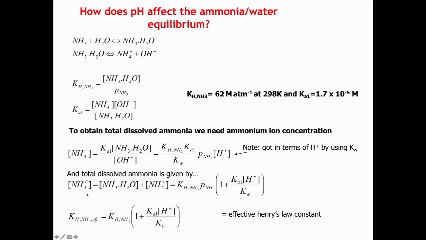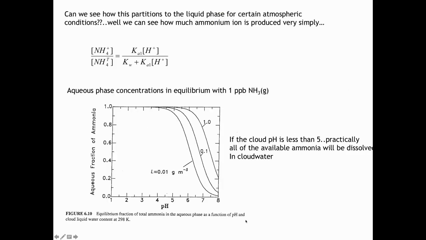So you can see that the total amount of dissolved ammonia is just this plus this, which equals this expression in terms of the two equilibrium constants, but importantly noting that the H+ concentration is on the top here instead of on the bottom. So the total ammonia goes up as you've got more acidity.